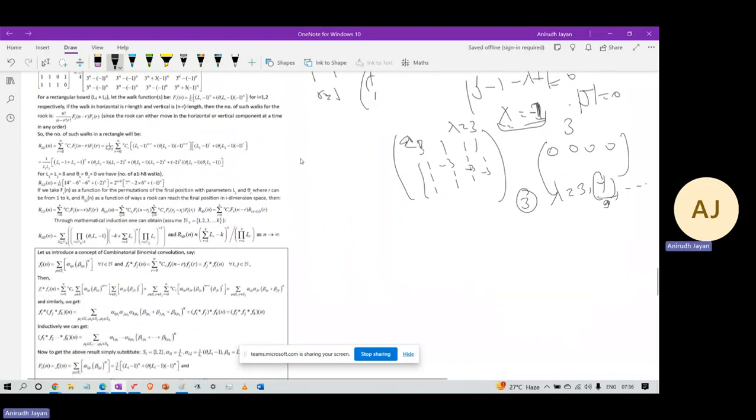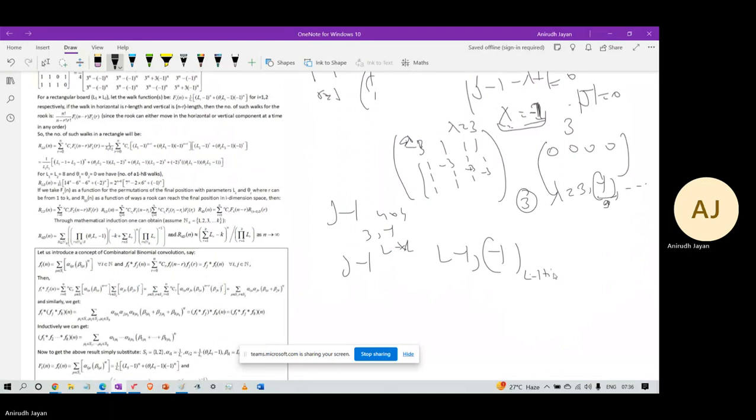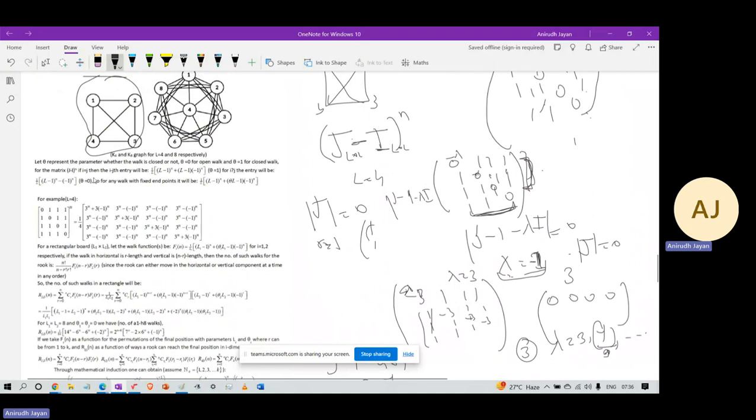So the eigenvalues of J minus I are 3 and -1 for 4 cross 4. For L cross L, we have L minus 1 and -1, L minus 1 times. These are the eigenvalues of J minus I.